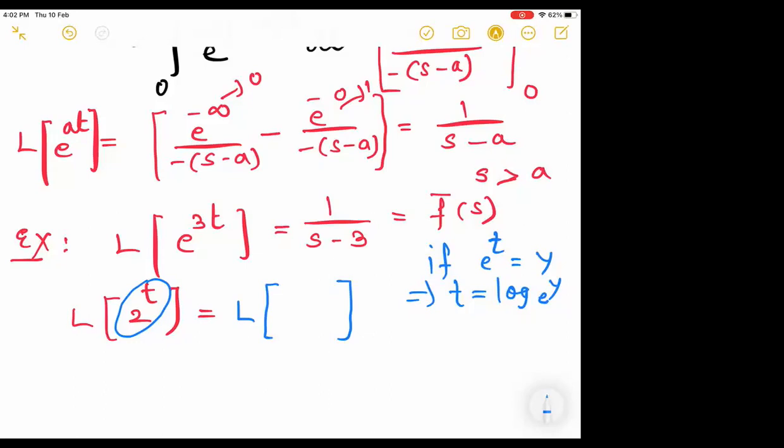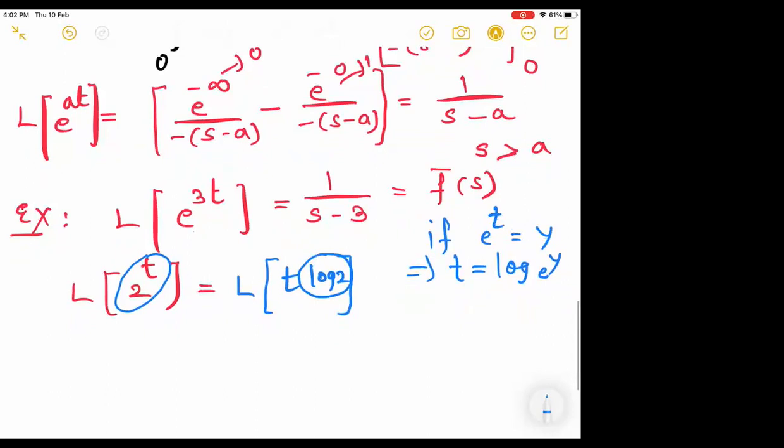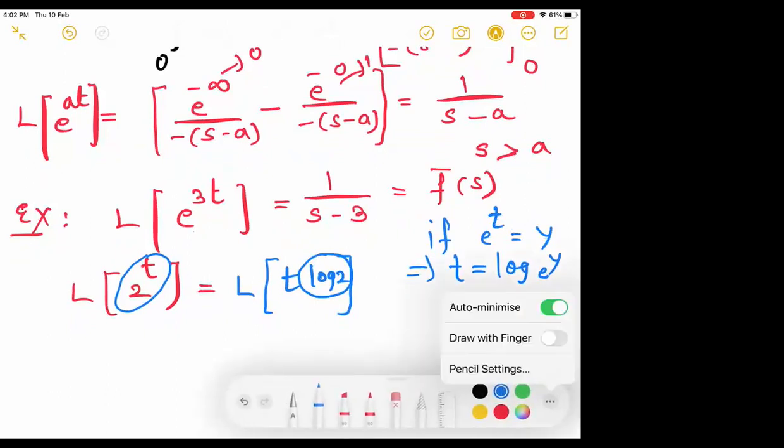So 2 raised to t will be your expression for this y or x, and therefore 2 raised to t becomes t into log 2, or log 2 into t. So log 2 is nothing but your constant term. e raised to, of course, sorry, I have not written.